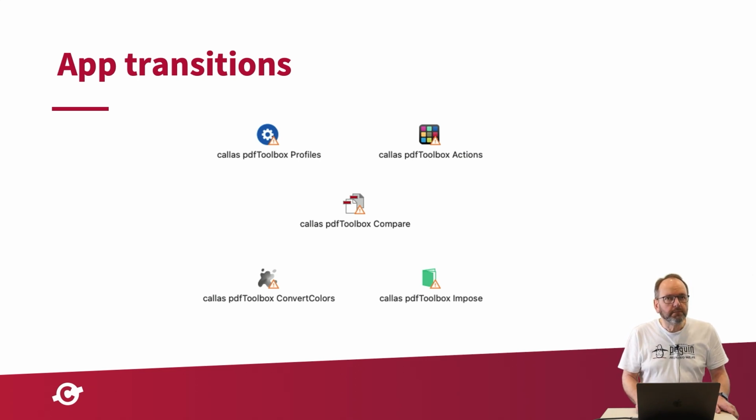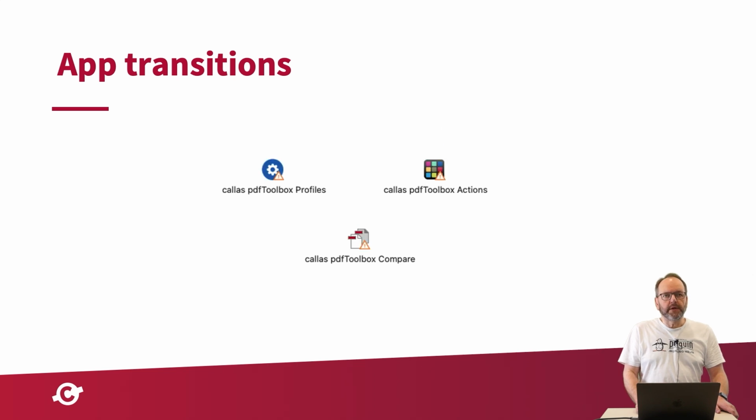But for pdfToolbox Impose, that is much more relevant. And of course, the fact that the app doesn't exist doesn't mean that you can't use the functionality. It has been merged into actions, but you will have to take some action, no pun intended, to make sure that your flows are updated and are using the newest functionality.